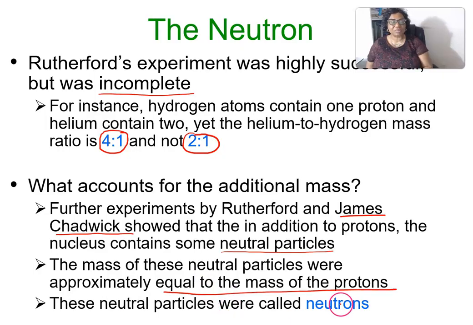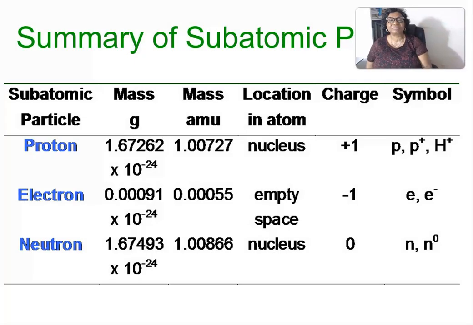And this particle was given the name neutron. So in summary, an atom has 3 subatomic particles: protons, electrons, and neutrons. Protons and neutrons have almost the same mass, and their mass is about 2,000 times larger than that of an electron.